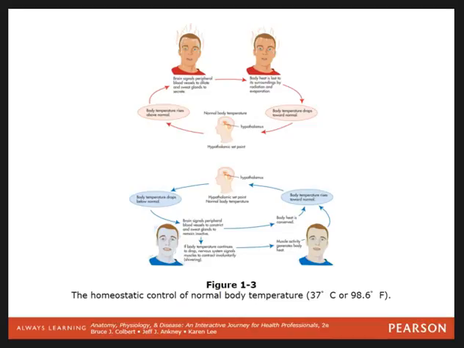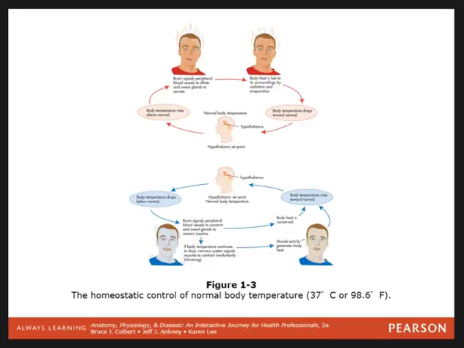When it does that, it snaps our pores closed. It makes our hair stand up on end, kind of like goosebumps. And then we get the blood to go to our brain, and it tells us, okay, we're warm. Now, if we put on a jacket or a blanket, that also helps to return our body back to a normal temperature.